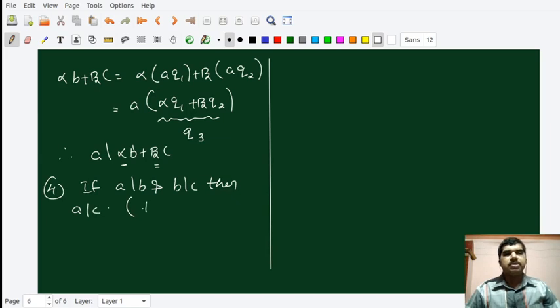This property is known as the transitive property of division. Proving this is once again going to be somewhat simple.